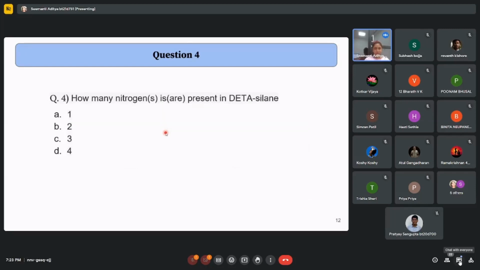So now next question. I just showed you the structure of dextran. How many nitrogen is present in it?